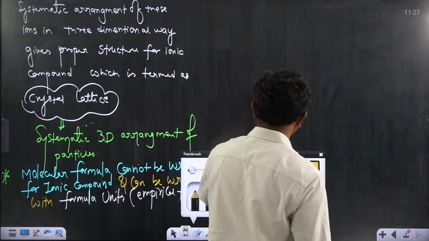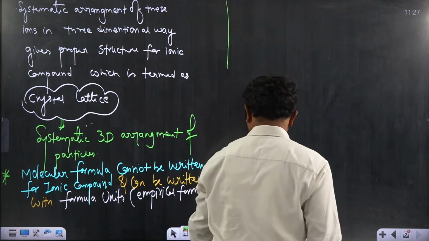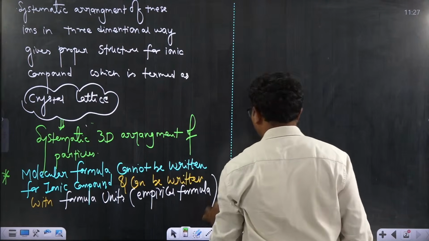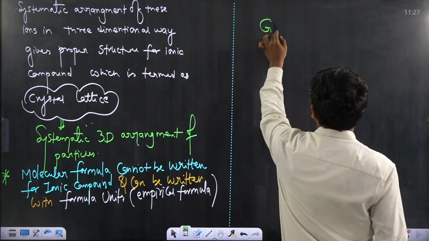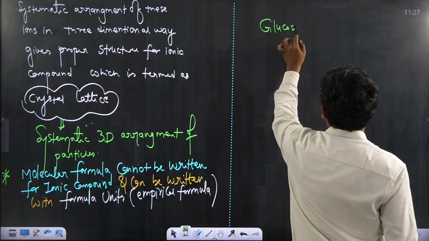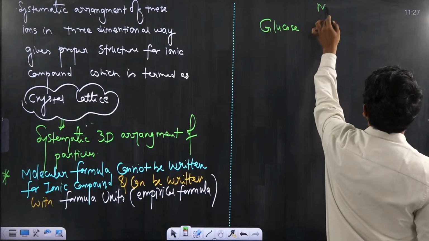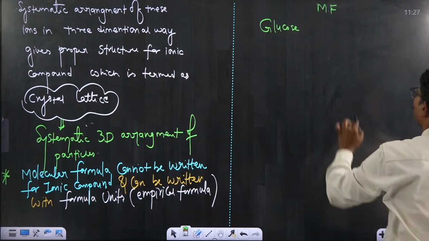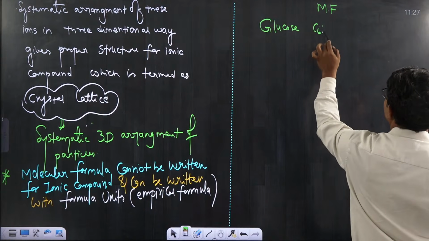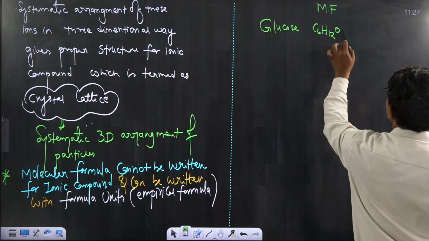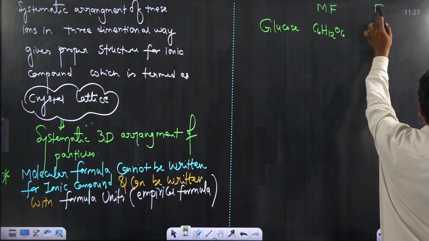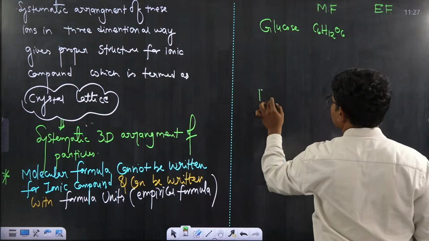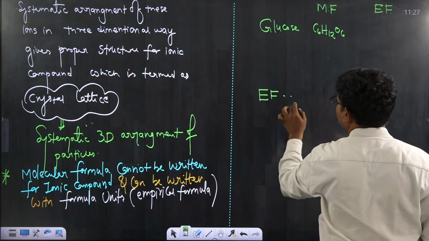So this can be easily illustrated by considering a molecule. Okay, if I am talking about glucose, what is the molecular formula of glucose? Molecular formula of glucose is C6H12O6. And when it comes to the empirical formula, it is the simplest ratio of atoms.